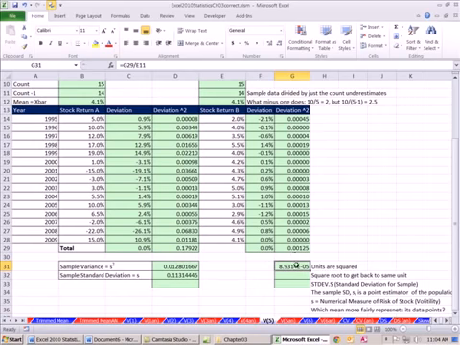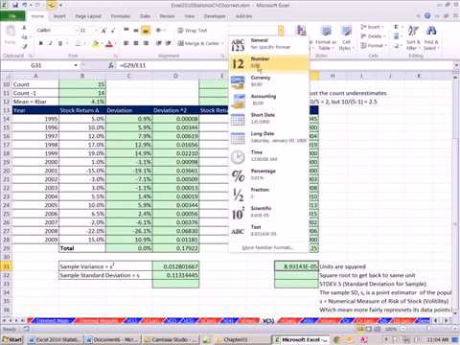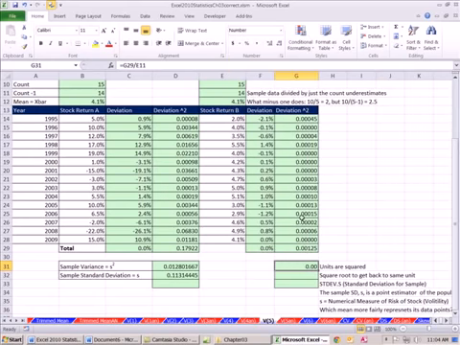Now this is in scientific notation here. We can press Control 1 to format the cells, or go up. Actually, we could go up here to number, but that's not going to do me much good. So I'm going to use either this dialog launcher or Control 1.